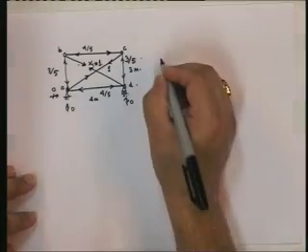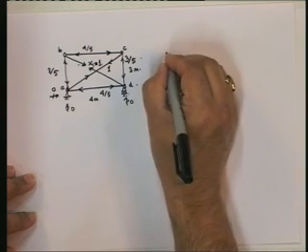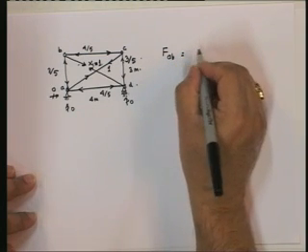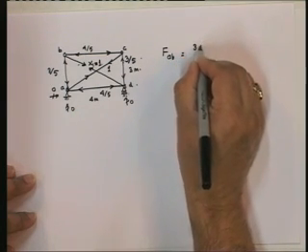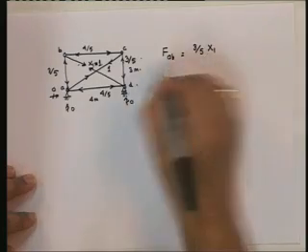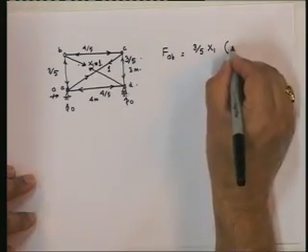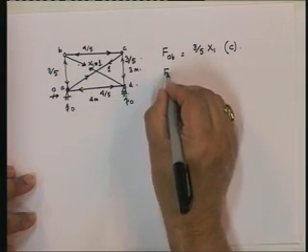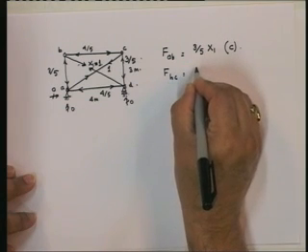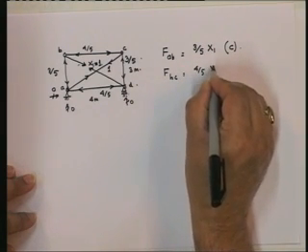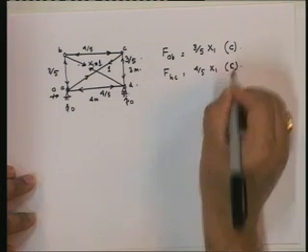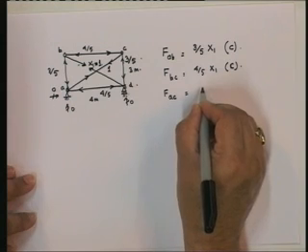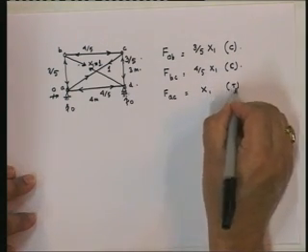Okay. I found out the forces in all the members. So let me write them down. So that means force in AB is equal to 3 by 5 x1, because I put x1 equal to 1, and this is compressive, assuming x1 to be tensile. FBC is equal to 4 by 5 x1 compression. FAC is equal to x1 tension.